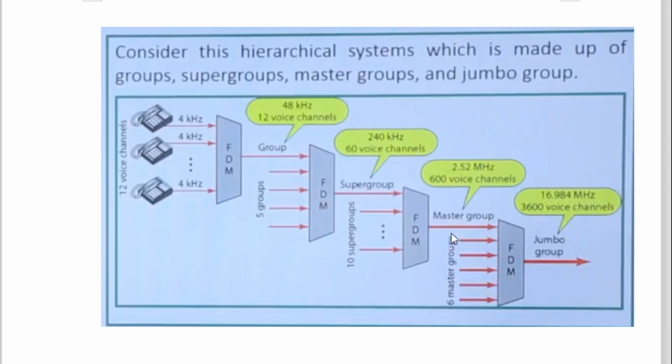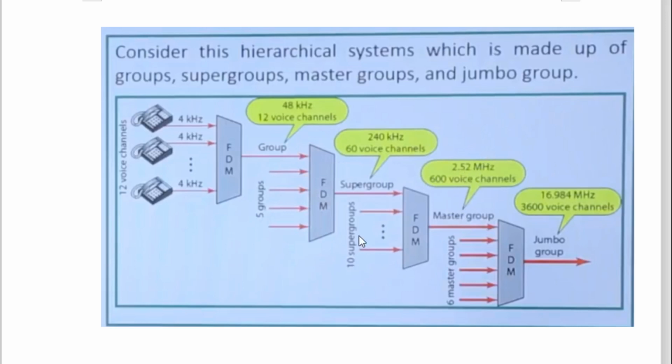Then directly come here, master group. What is a master group? Try to understand this. 600 voice channels in a master group. Now, one channel will require 4 kilohertz, so 600 into 4, you do accordingly and you will get the answer.